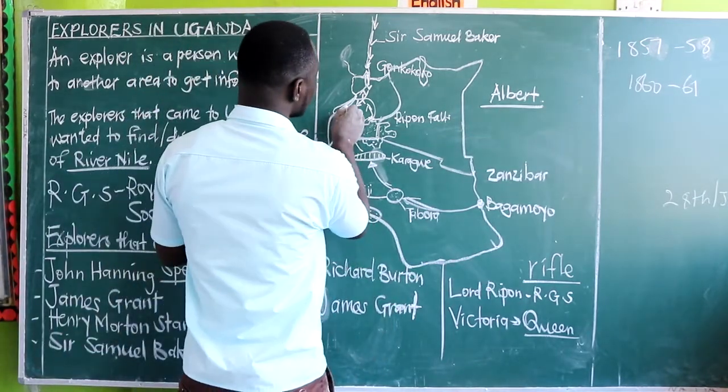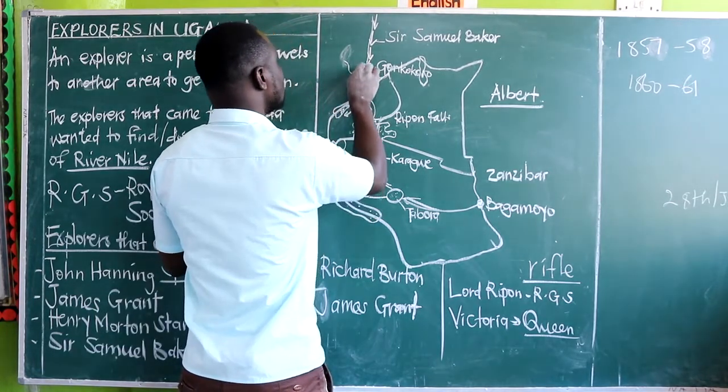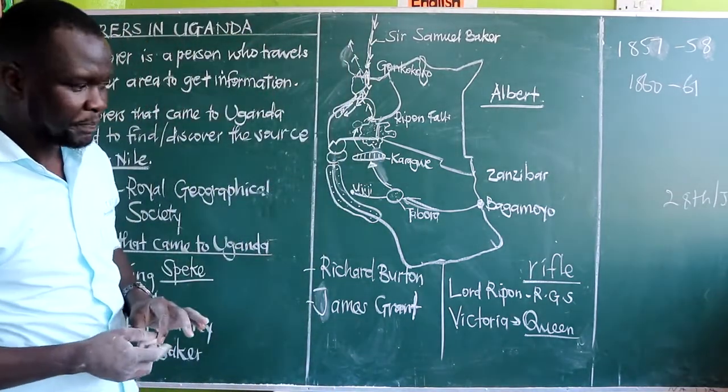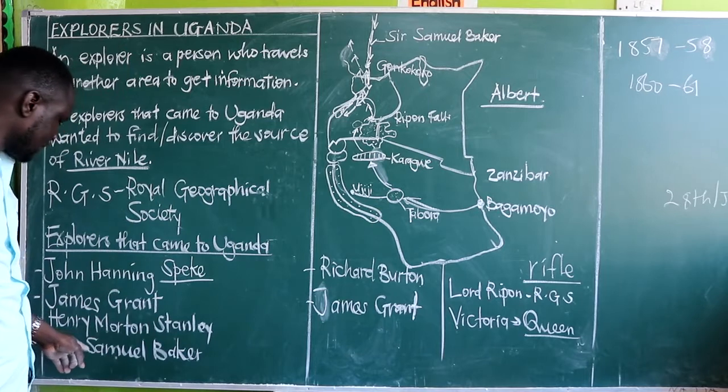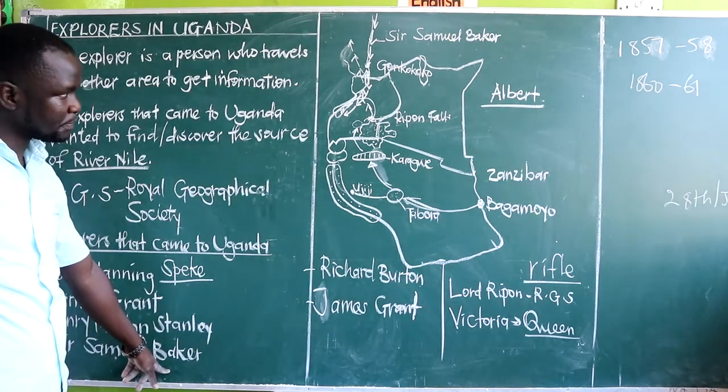And this Sir Samuel Baker returned, or he went back to Britain. So that is Sir Samuel Baker. And that's why we have him here, Sir Samuel Baker. He entered Uganda.